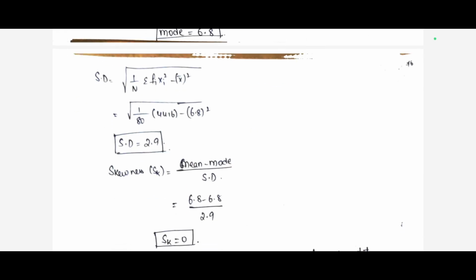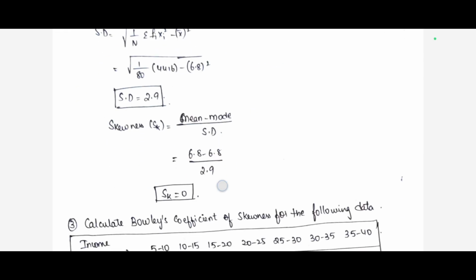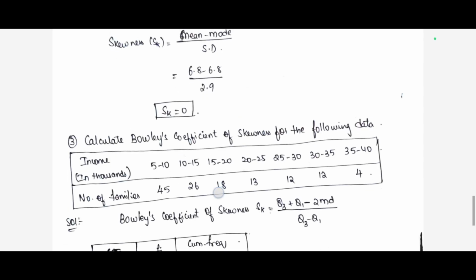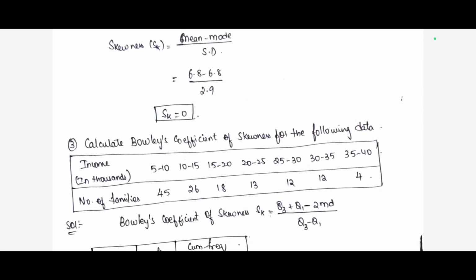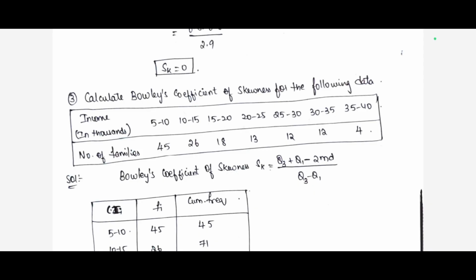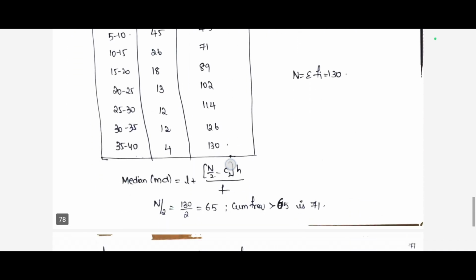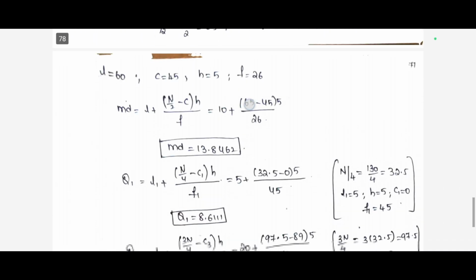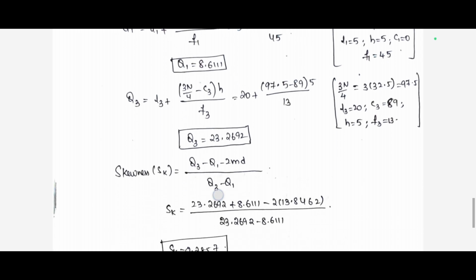You can see this for the given data. Also the Pauli coefficient of skewness for the following data: Karl Pearson uses mean minus mode divided by standard deviation, while Pauli is based upon the quartiles they have given. So we have the quartile values Q1, Q2, Q3.